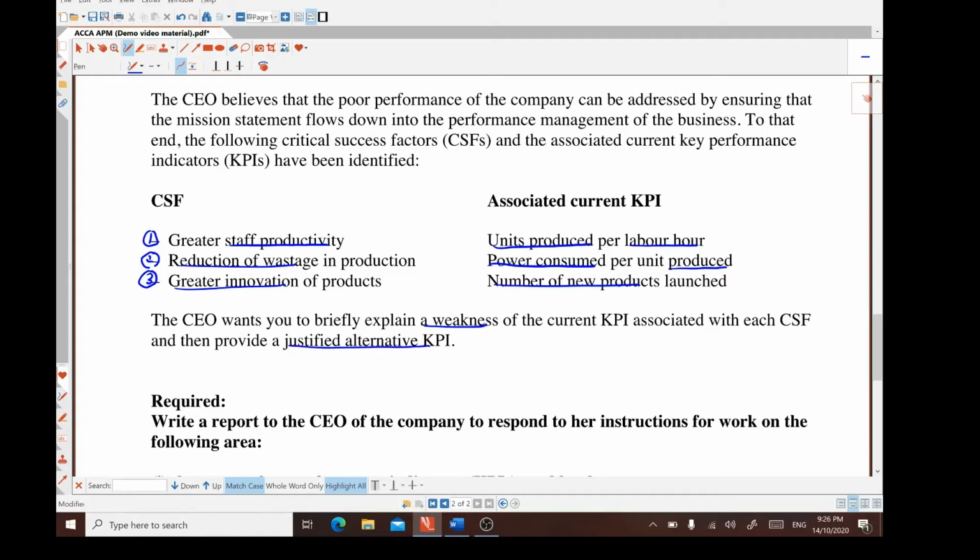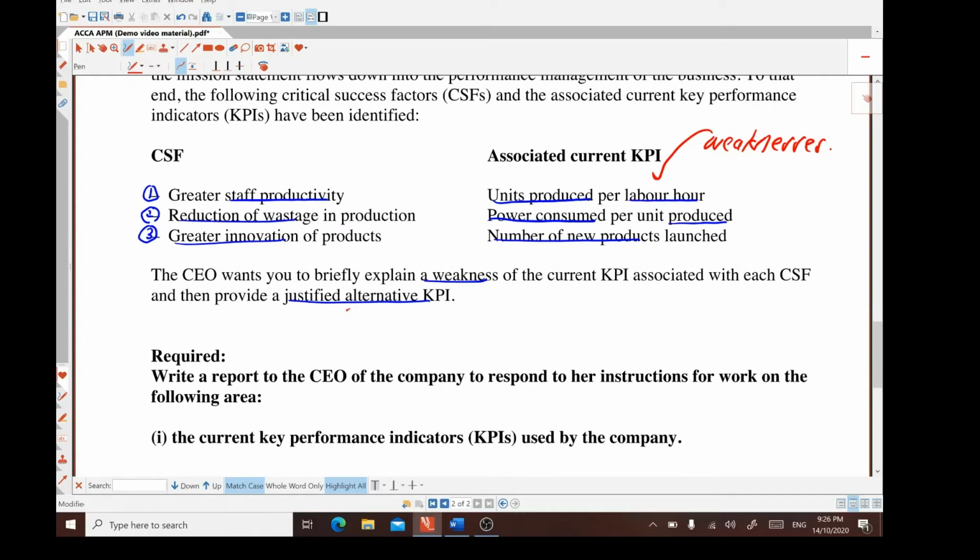So I would say that from here we understand something. Number one, from whatever they have provided us, we have to come out with the weaknesses. That's the first thing we have to do. Individually, we just need one weakness for each of them. And number two, is it possible for you to go for a justified KPI here?